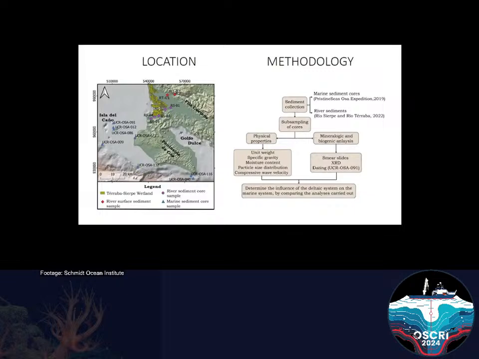For this research, we collected samples from the ocean floor and from the Sierpe and Terraba rivers, in total 8 ocean floor cores and 7 river cores from the Sierpe and Terraba rivers. Our hypothesis is that Terraba-Sierpe rivers erode and transport materials from the upper part of the basin to the ocean sediments.